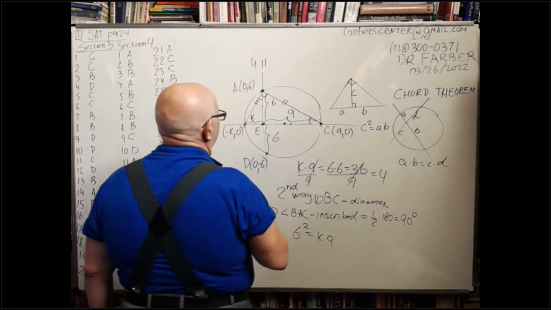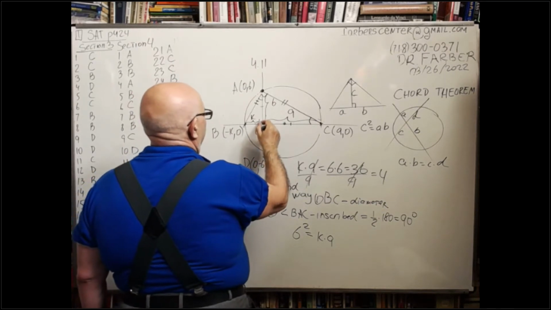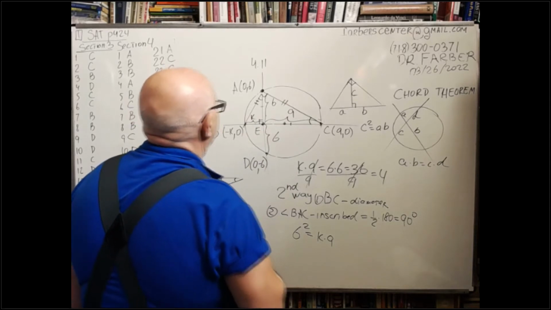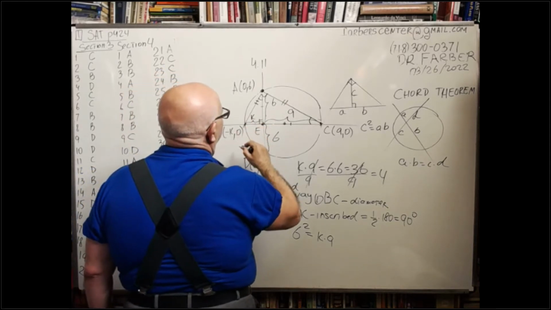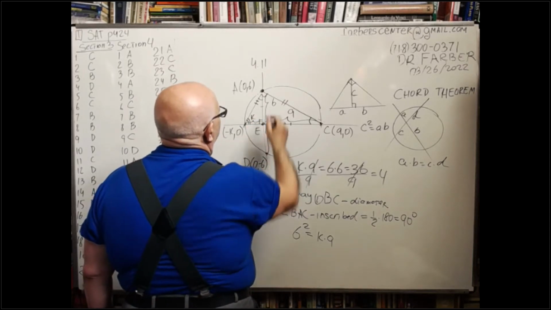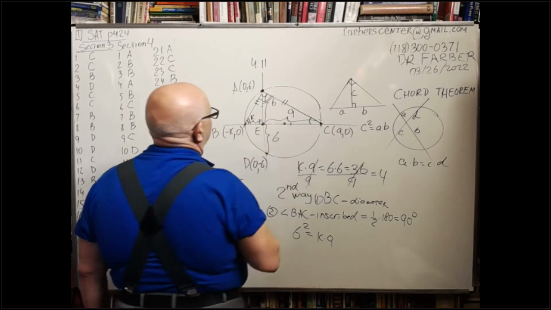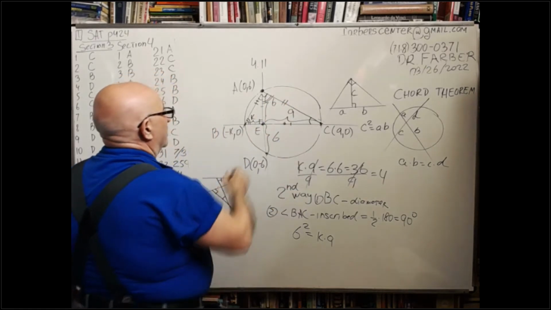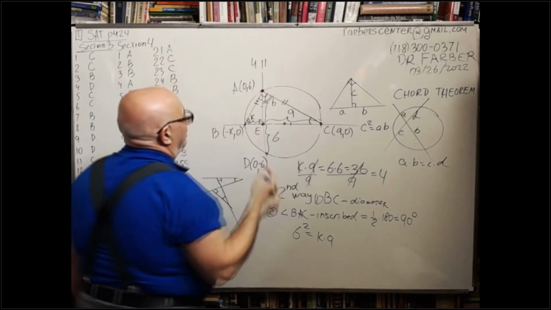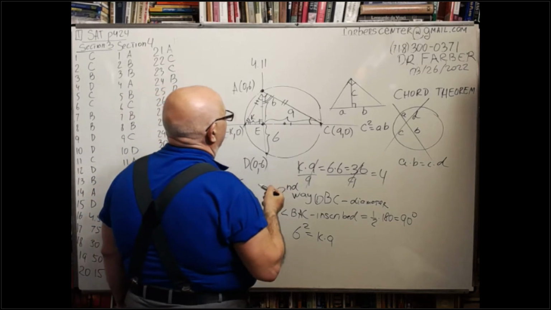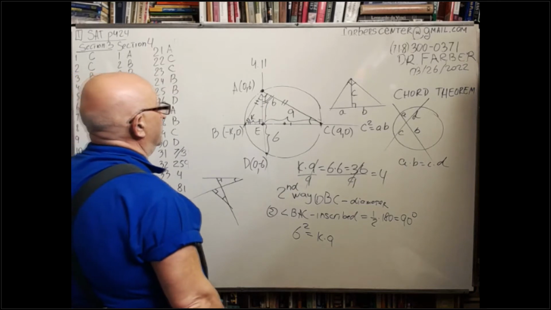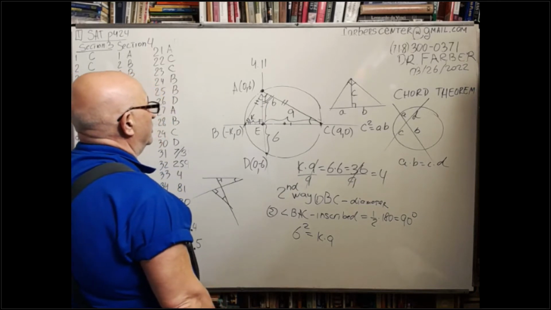If they are the same, and this is a 90 degree triangle, this is 90 degrees, this 90 degrees. So the other angle, like this one, are what? Complementary, also the same. I just proved that this triangle and this triangle are similar. If they are similar, you can make a ratio of the sides.